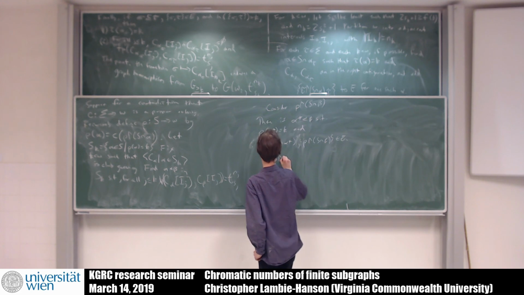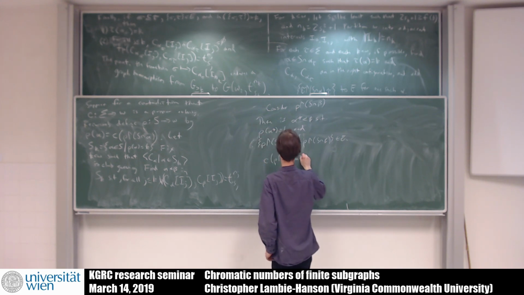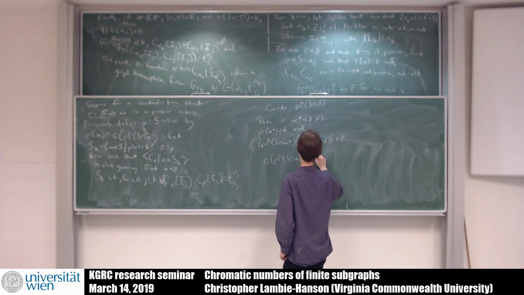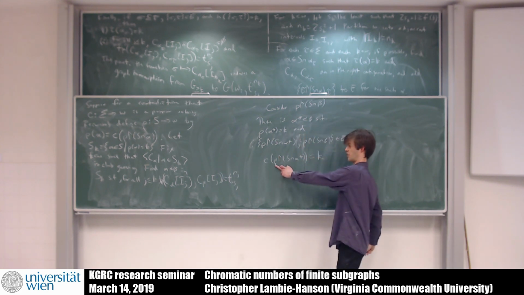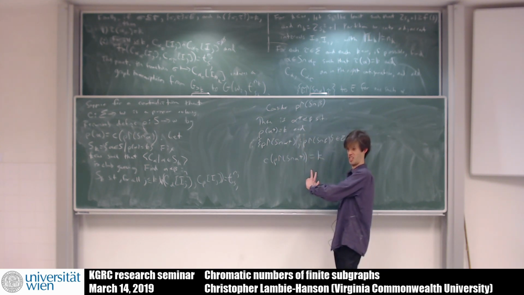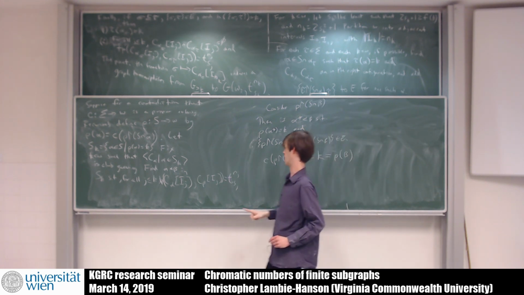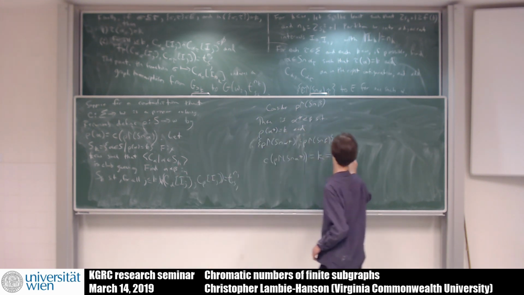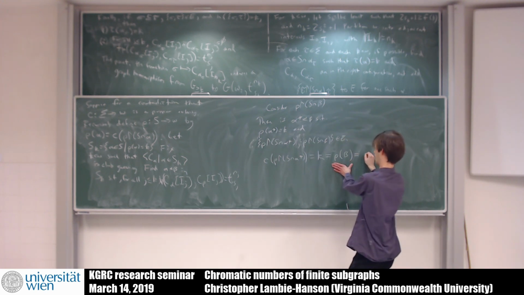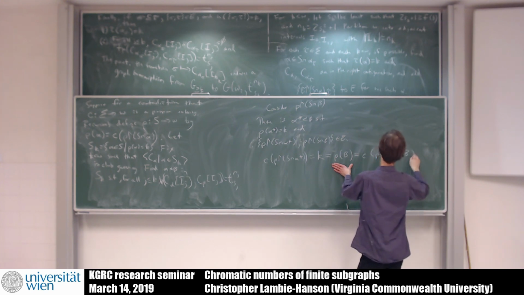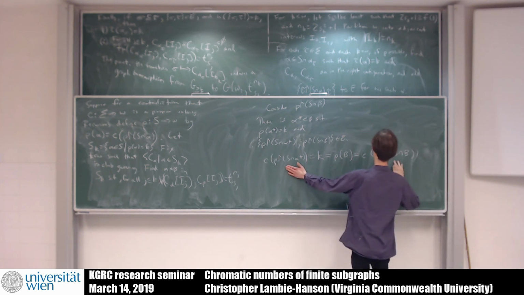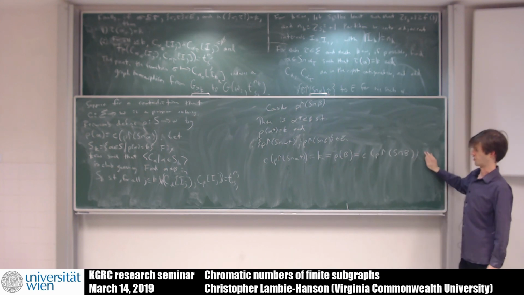C of rho restricted to S intersect alpha star is k, because rho of alpha star is k, and that's how we define rho. But this is also equal to rho of beta, because beta is in S_k. But again, by definition, this is C of rho restricted to S intersect beta. Right, so these two vertices are supposedly connected by an edge, but they're given the same color by C.